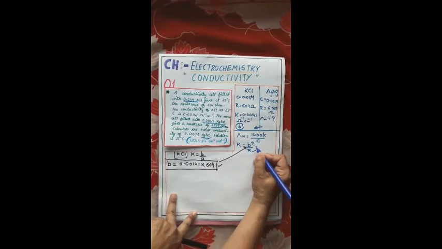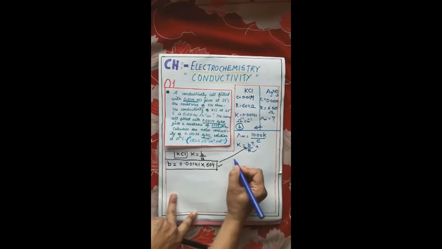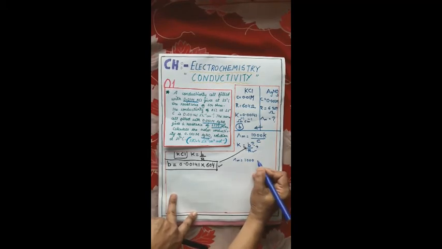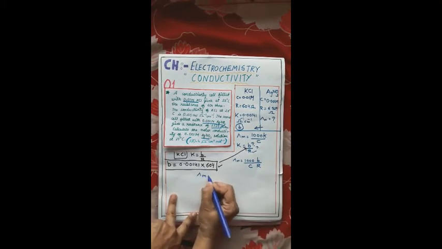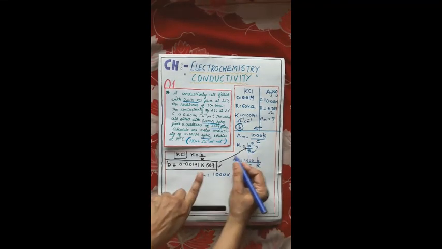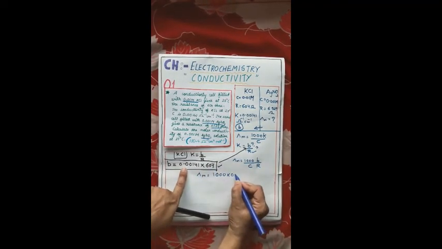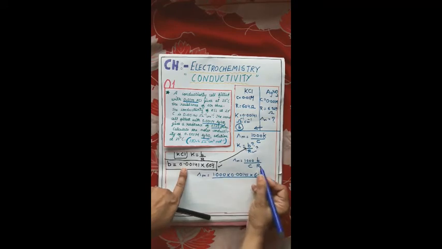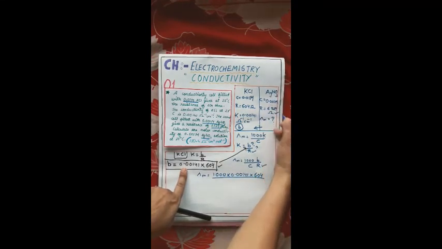Lambda m is equal to 1000 B upon R, and I write concentration. So lambda m is equal to 1000 into B. Now what is the value of B? I directly take from here 0.00141 into 604 upon R. Now this R is for AgNO3, and what is the value of R over here?